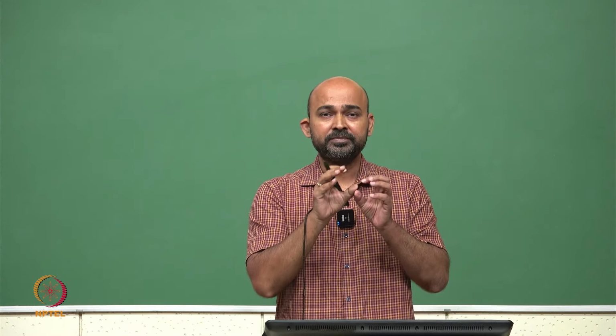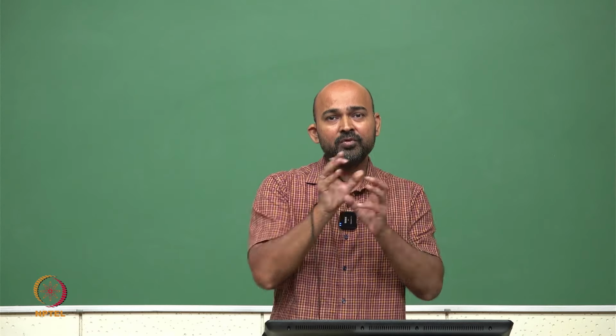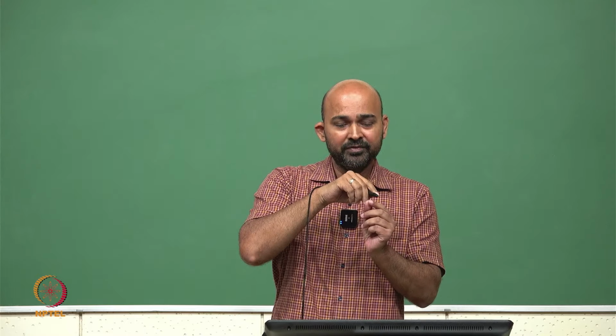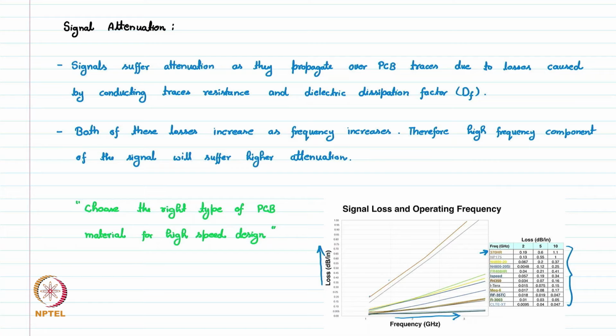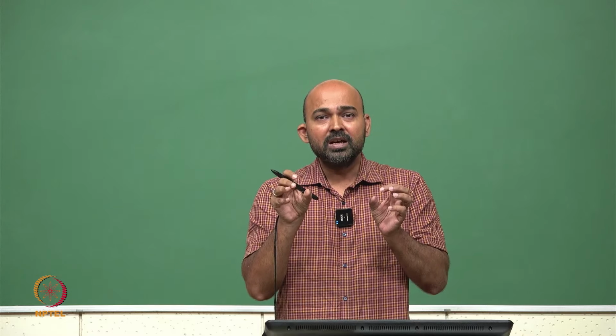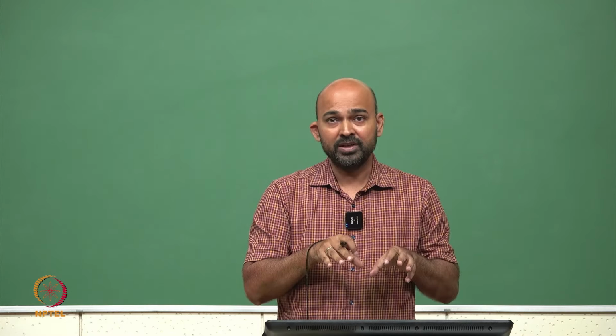High frequency components are generally important for rise and fall time, because this is the time where the signal is switching very fast from low to high. There is very fast switching for a square pulse. So for rise time we need high frequency components, and for fall time we again need high frequency components for very fast switching. These are missing at the far end because of attenuation.